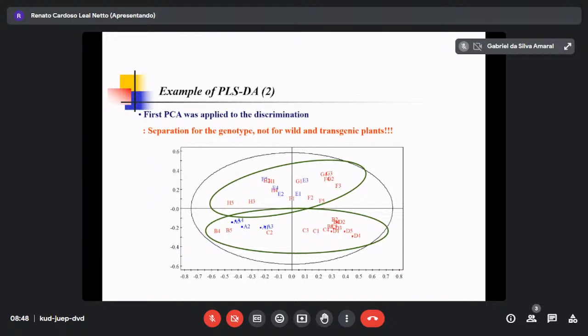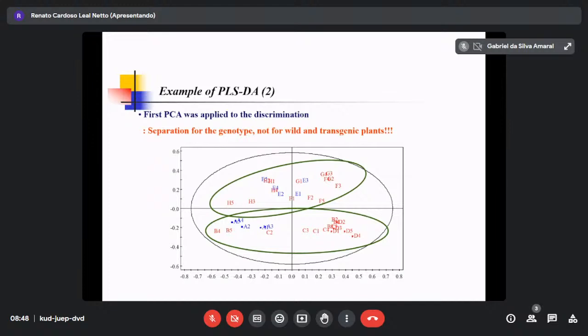Second, you don't need a validation test. Why? Because you put one kind of data set, NMR, mass, UV, and then separate. There is no meaning of significance. Just to separate shows the variation. When you do a supervised method, validation is very important.